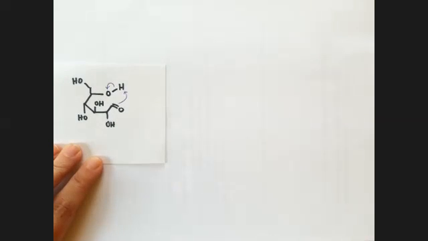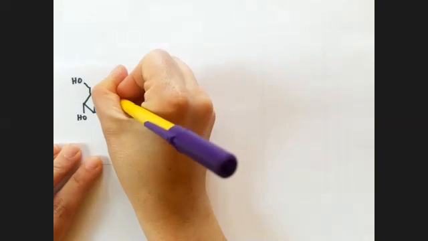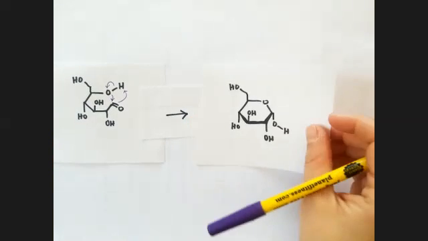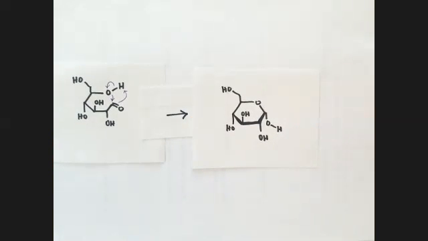The resulting nucleophilic oxygen attacks the electrophilic carbon on the other end of the chain. This gives us the cyclic form. This type of mechanism is sometimes called ring closure for obvious reasons.